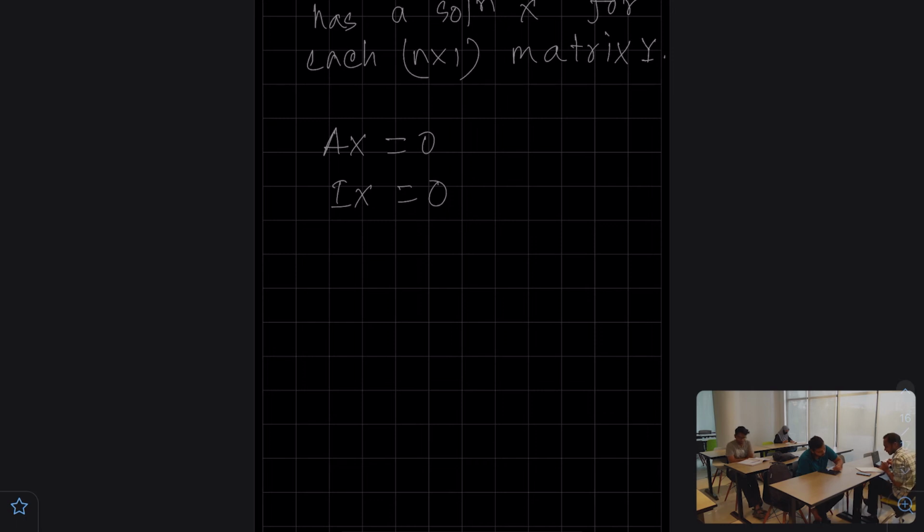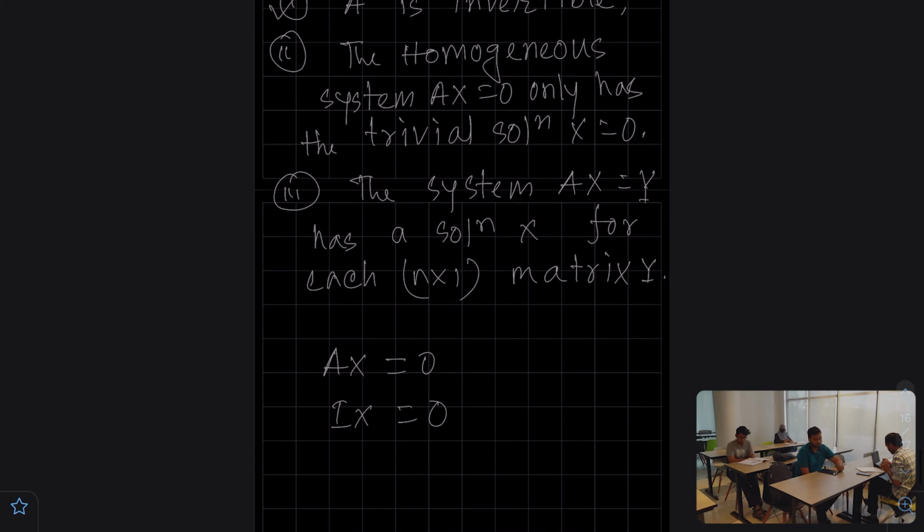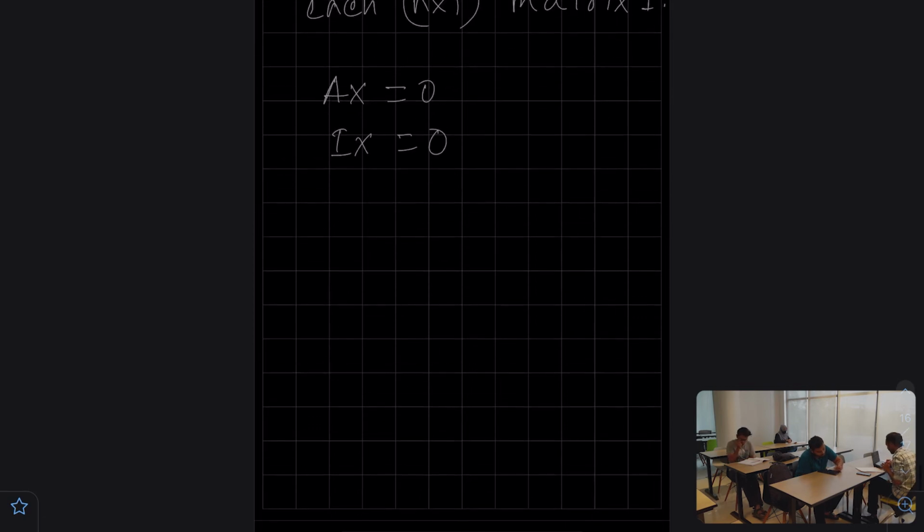In the forward direction, using these two, A is invertible, then the homogeneous system Ax equal to 0 only has the trivial solution. Okay. So since A is invertible, then Ax equals y.